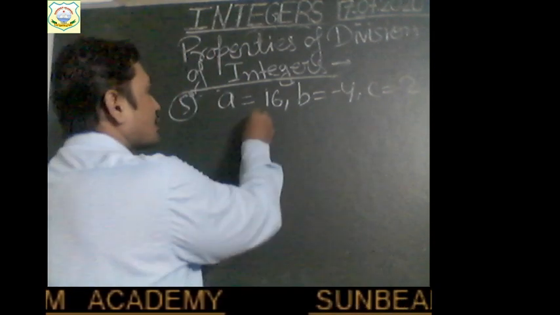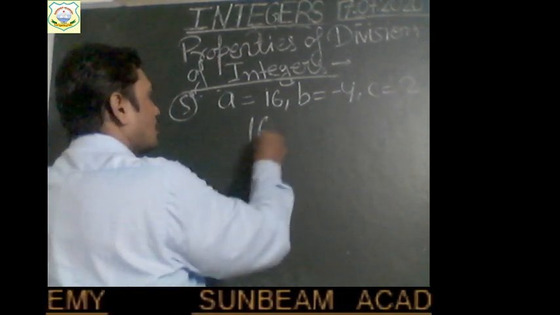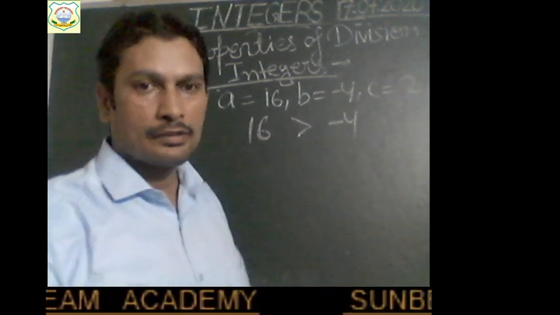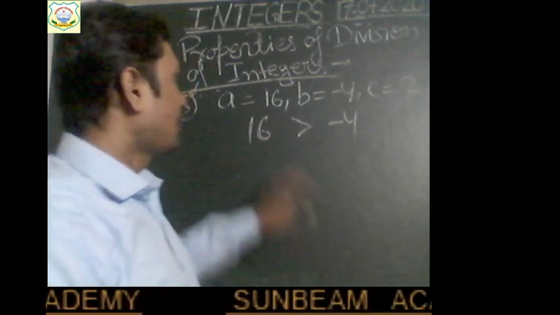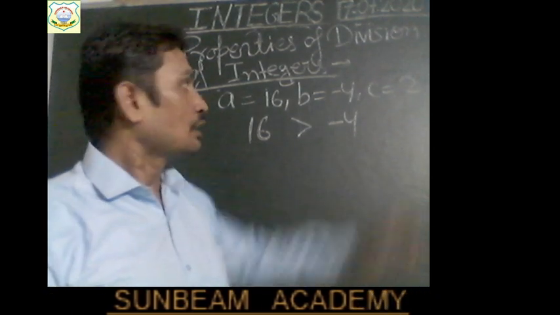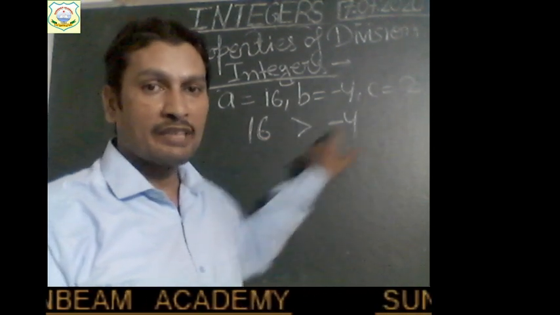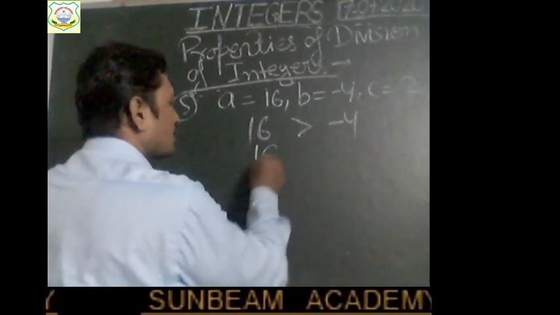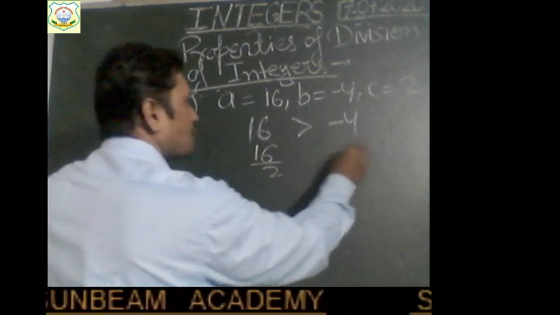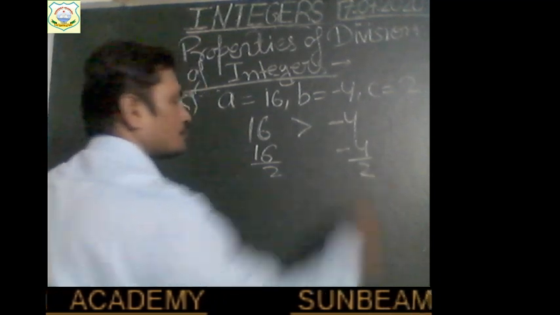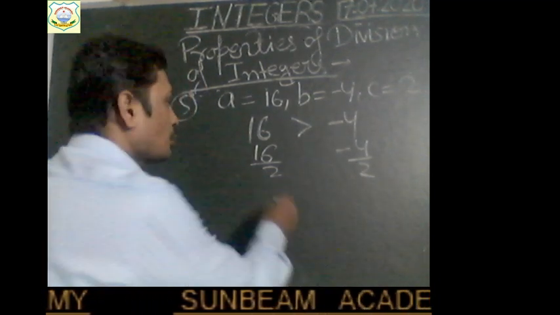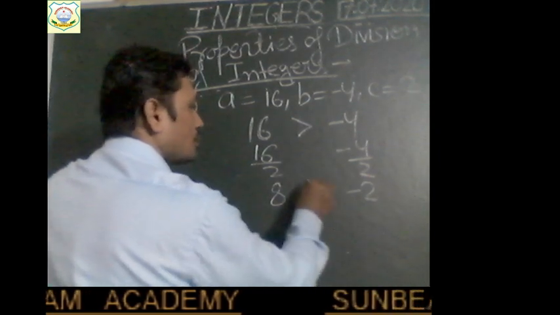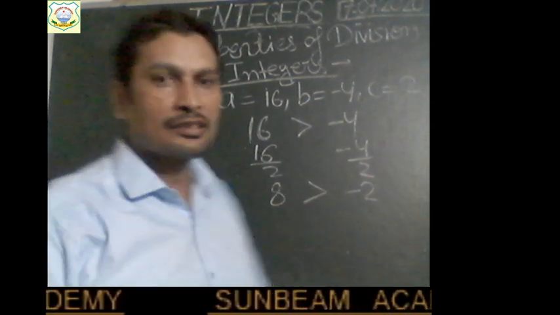So of course 16 is greater than minus 4. Am I right, children? Now divide both sides by 2. 2 is positive integer. We are dividing both sides by positive integer. So 16 divided by 2 and minus 4 divided by 2. So here we get 8 and here we get minus 2. So 8 is greater than minus 2.